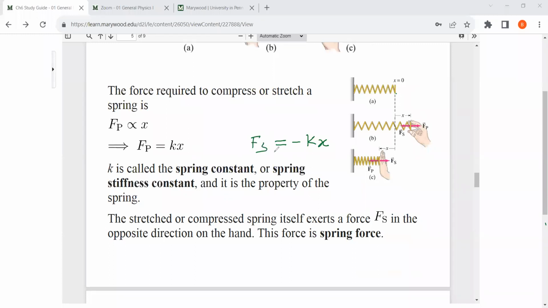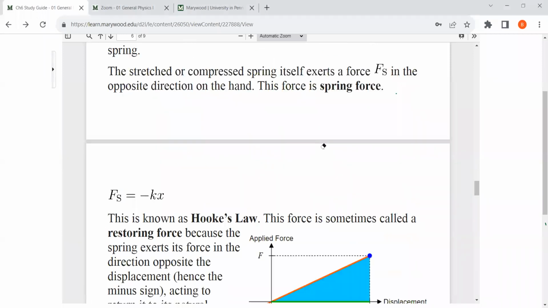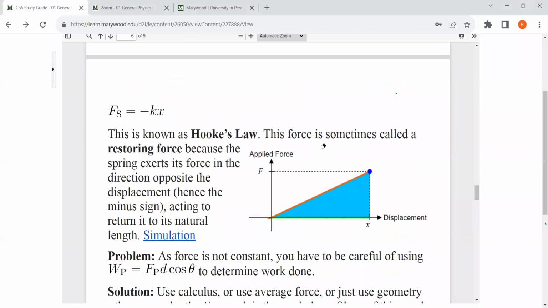Fs, the spring force or the restoring force, is equal to minus kx. It has a special name. We call it Hooke's law, because I think James Hooke first understood this. So by his name, we call it Hooke's law. So this is Hooke's law.